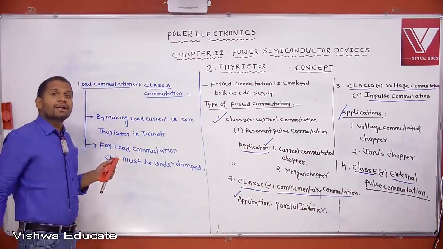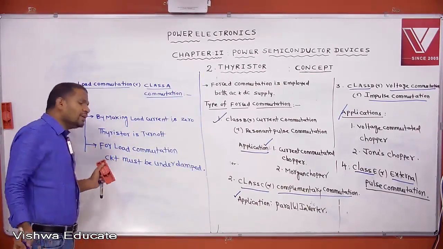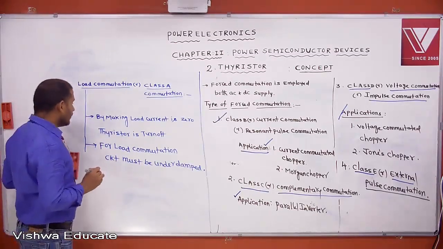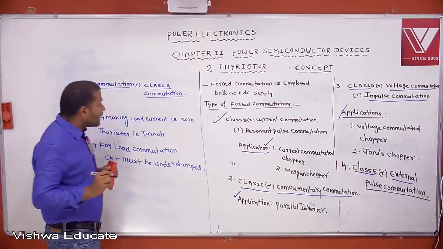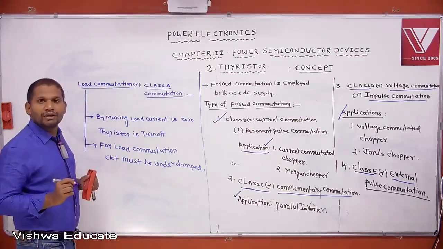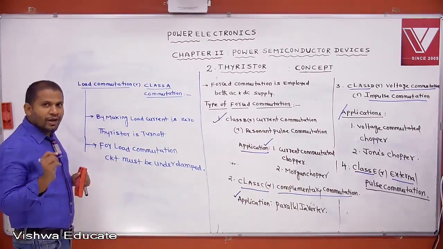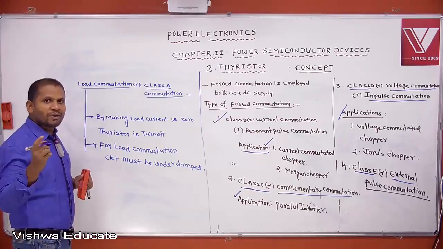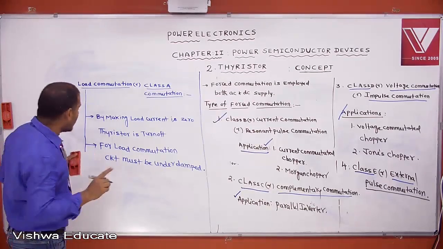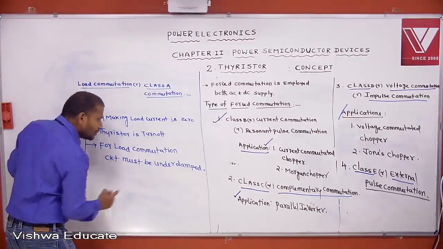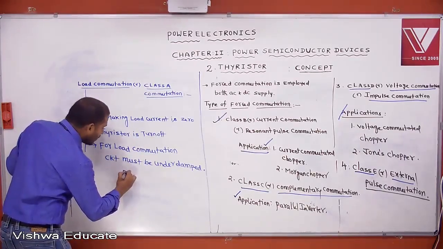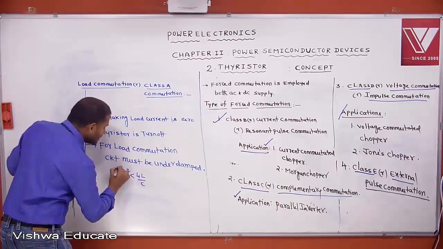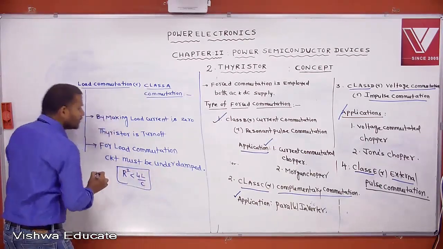We can design the circuit in such a way that it is underdamped. When we talk about underdamped, overdamped or critically damped, we are defining the damping coefficient, so it must be a second order circuit, meaning one of the circuits is an RLC circuit. That's why for load commutation the circuit must be underdamped. The condition is R square is less than 4L by C. This is the condition for an underdamped circuit.